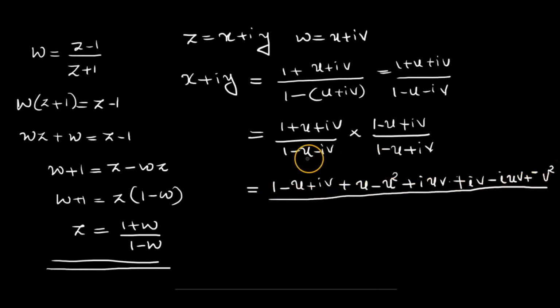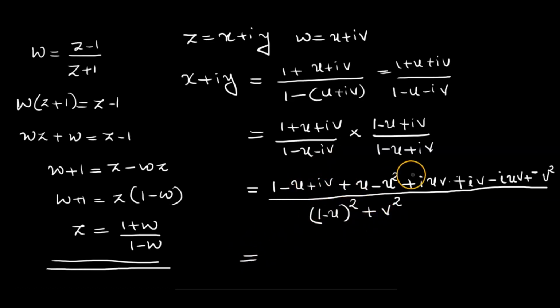And the denominator, this is (A plus iB) into (A minus iB), which is A square plus B square, that is (1 minus U) whole square plus V square. A plus B into A minus B is A square minus B square. Here B is i into V, so i square is minus 1. So, (1 minus U) whole square plus V square.